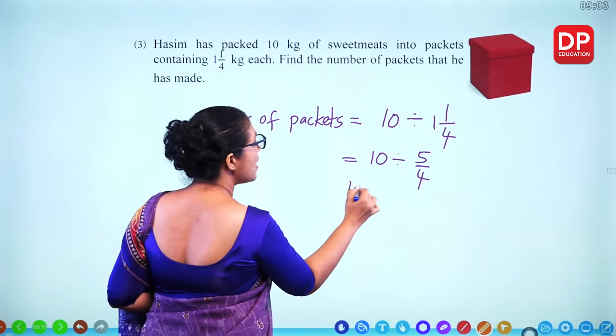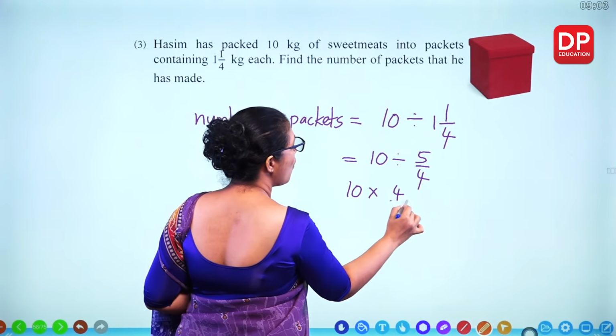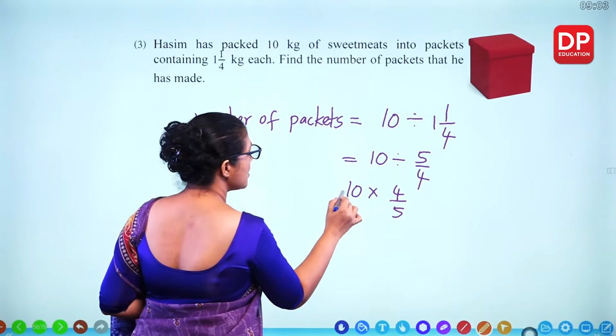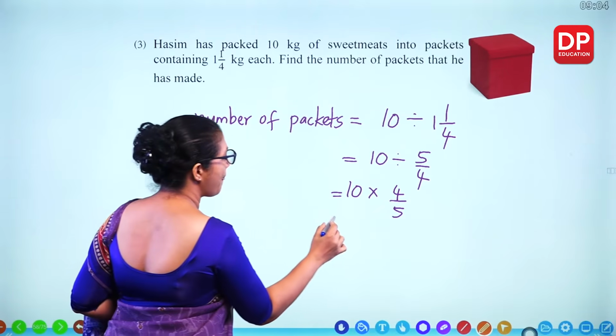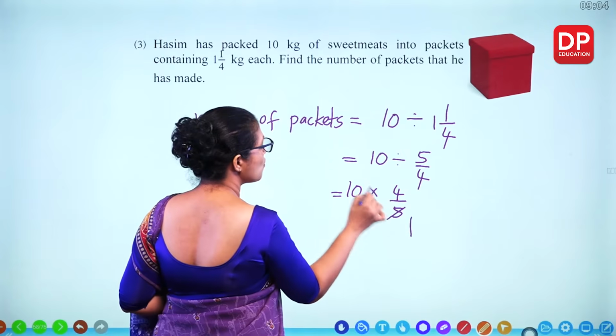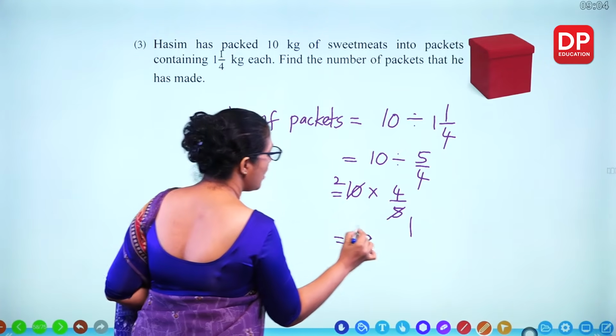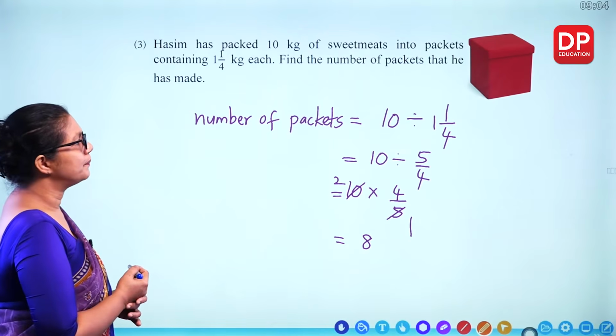So 10 multiplied by 4 over 5, the reciprocal. Now simplify. 5 times 1 and 5 times 2. So 2 times 4, 8 packets are there.